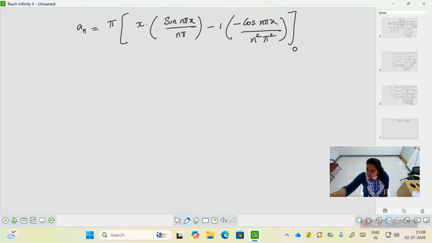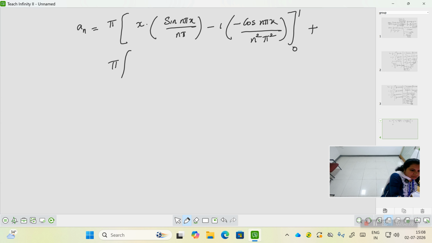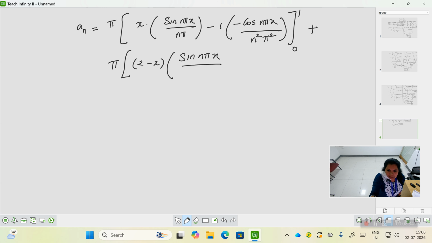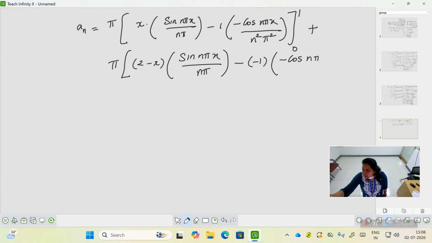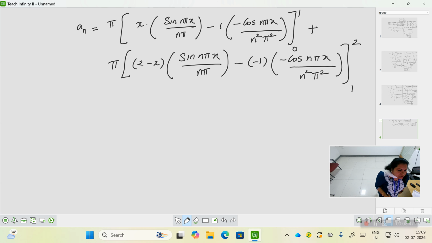The integral is from 0 to 1, plus, what is the next term? Pi, you take it out, 2 minus x, once again sin n pi x by n pi, minus 1 minus cos n pi x by n square pi square. The value will be from 1 to 2. So apply the upper limit and lower limit now one by one.